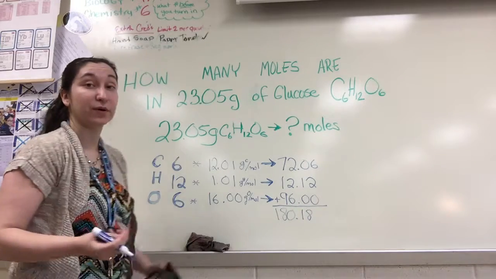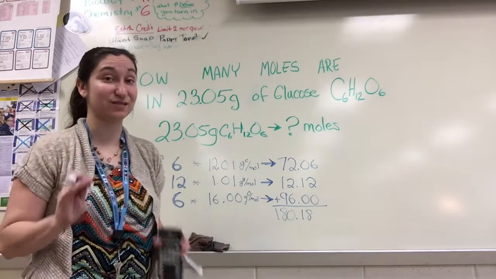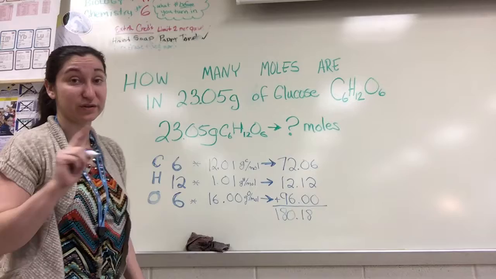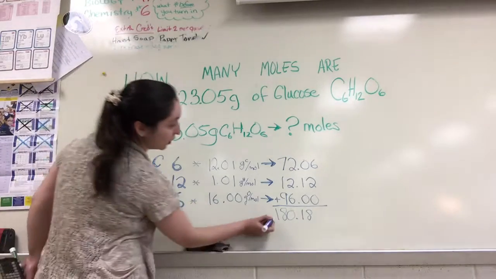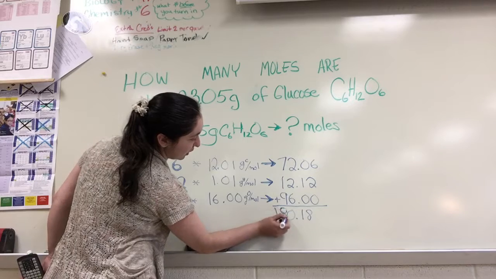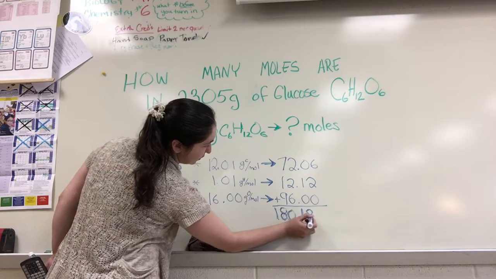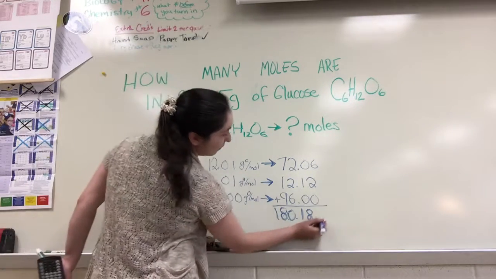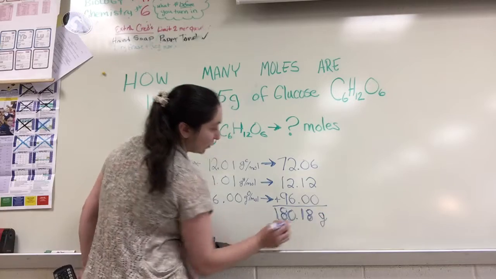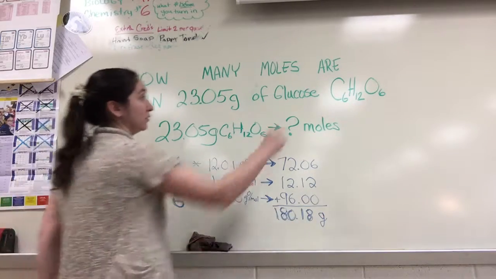Okay, and remember, we got units here. Don't leave your numbers naked. That's super embarrassing. Also, they'll do things when you're not looking that you don't want them to do. So it's 180.18. Okay, so it's going to be grams per mole, but remember here, it's going to be grams of glucose.